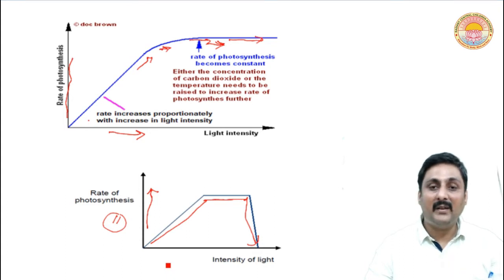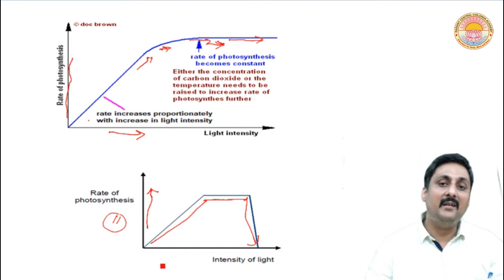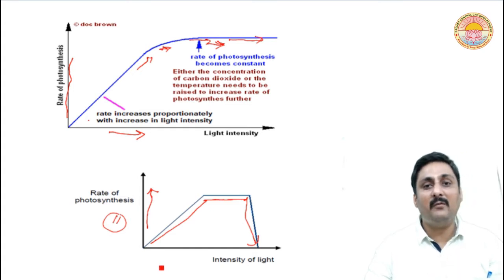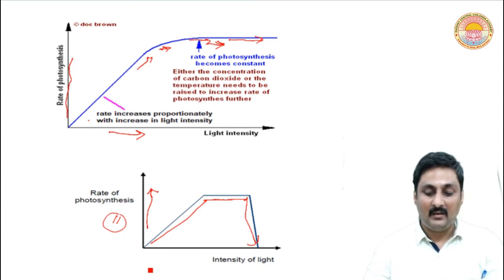In that particular case, light intensity becomes a limiting factor. In most conditions, light intensity is not a limiting factor. Only about 10% of the total sunlight is sufficient for a plant to perform photosynthesis at an optimal rate. So rarely is light intensity a limiting factor.